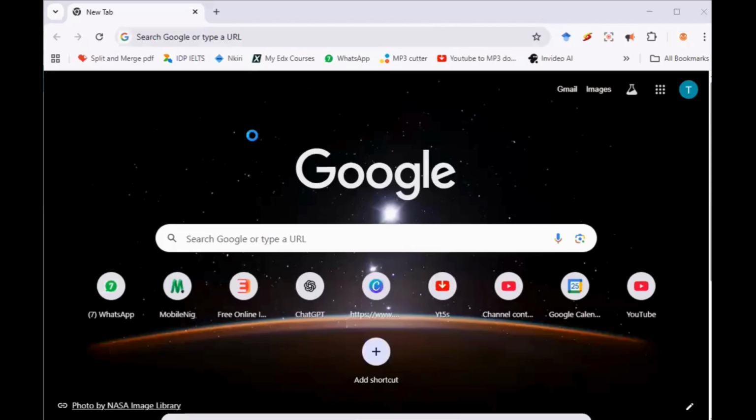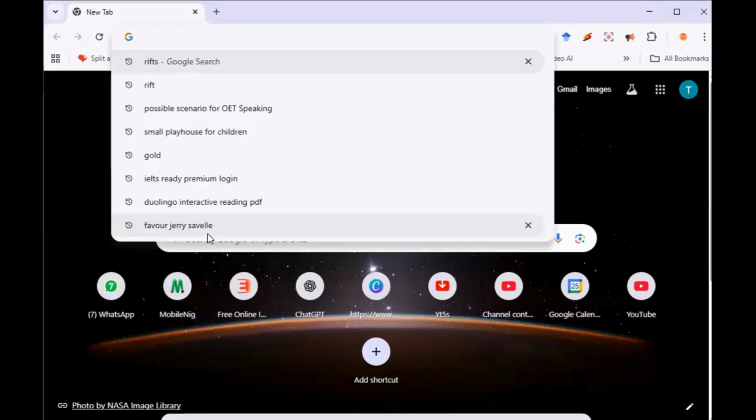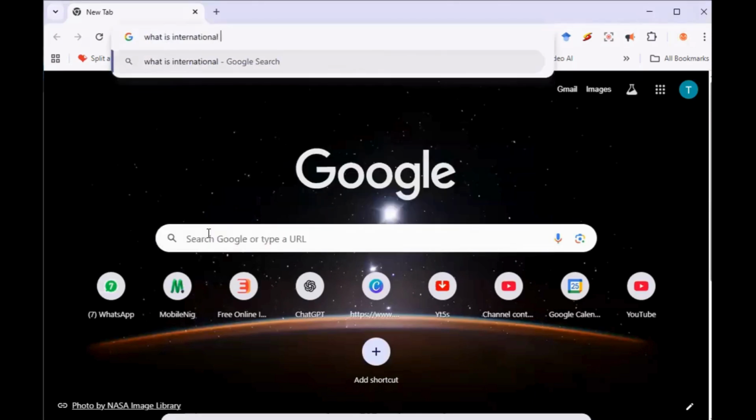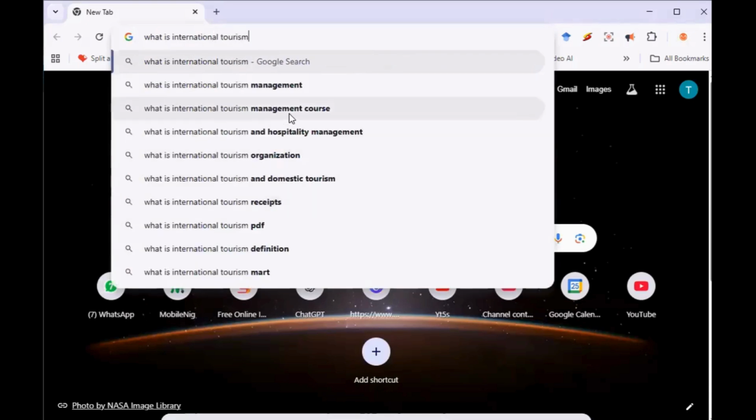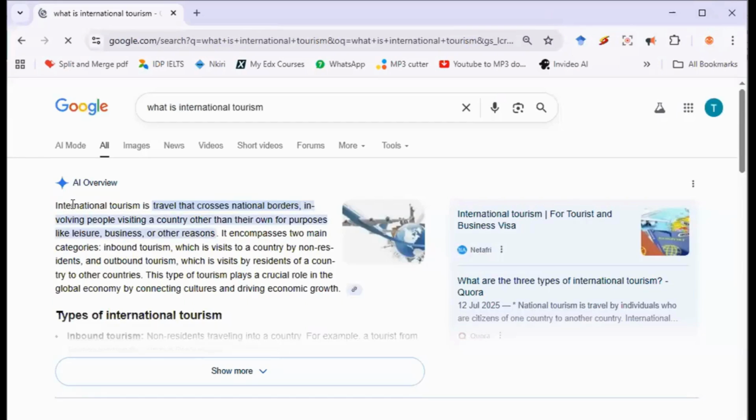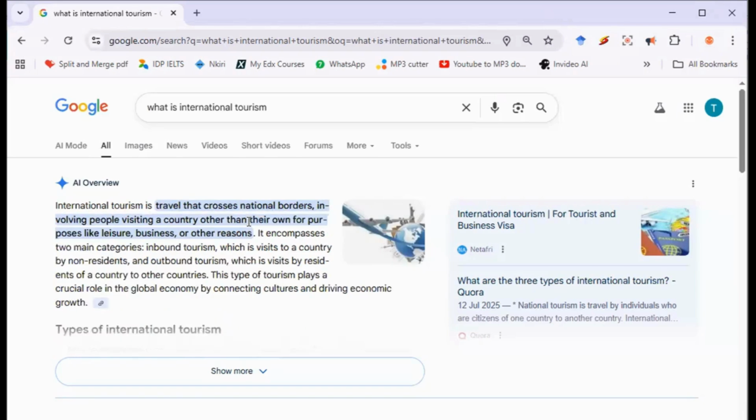That's wrong, but you can do some light research like this. Let's type what is international tourism. Look at it here: international tourism is travel that crosses national borders, involving people visiting a country other than their own. Can you see that's what we just said? Somebody leaves his own country and goes to another country.